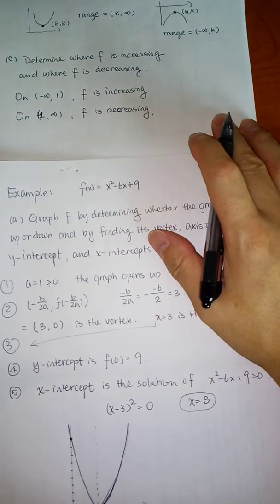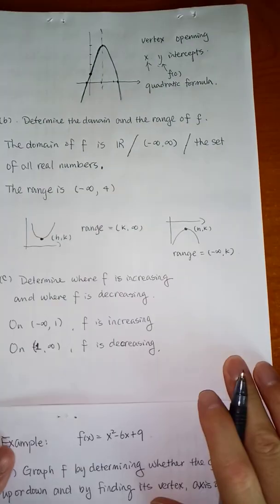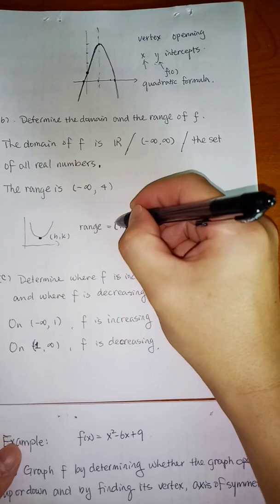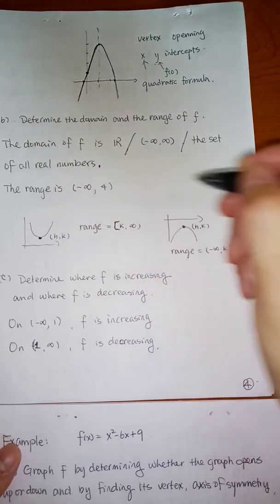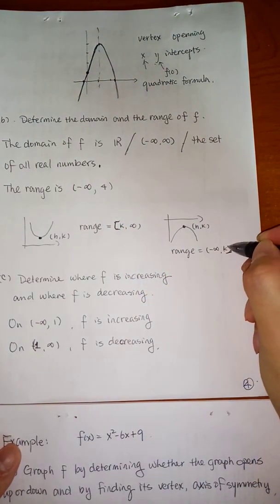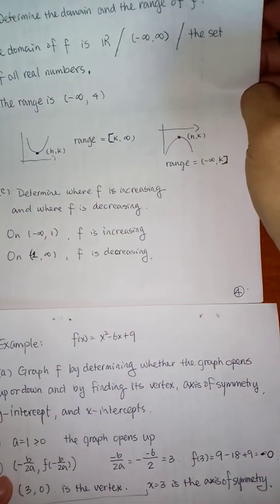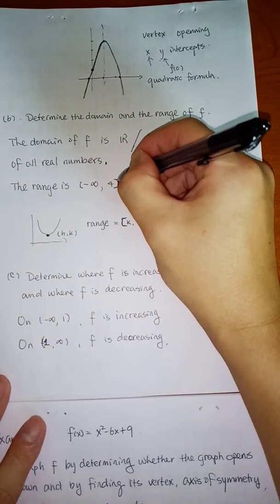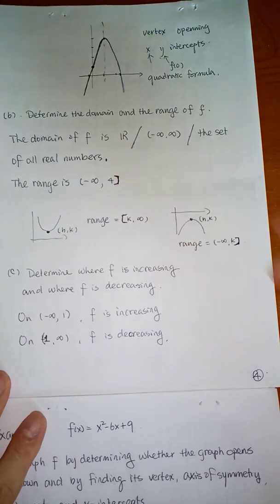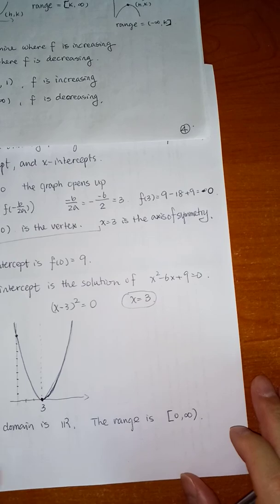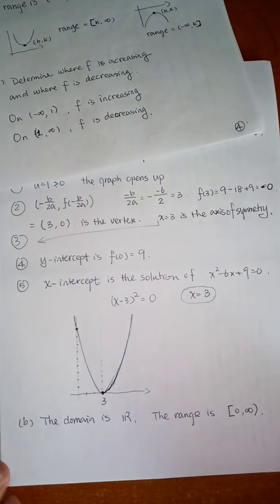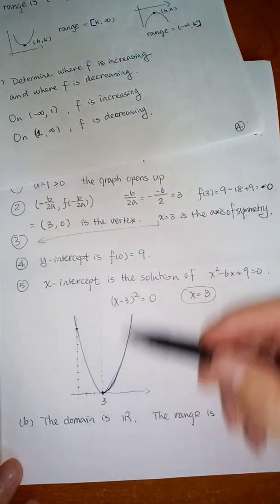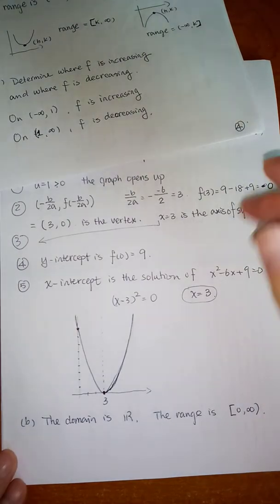Here I think we got some small error, so this is including. So this is from 0 to infinity. Range is about vertical values.